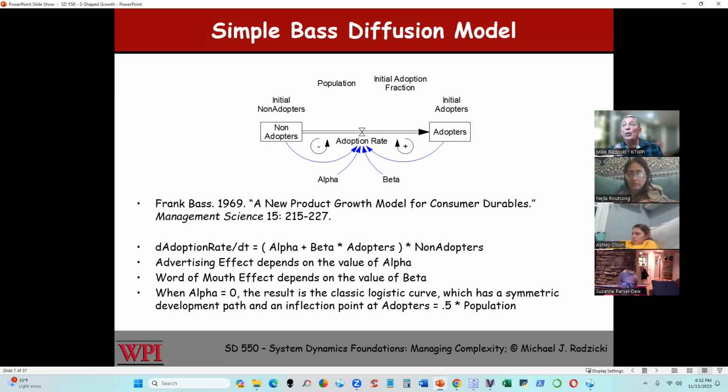So the negative loop and the alpha parameter is the advertising dynamics, and the word of mouth is the positive loop. The more adopters there are, the more there are to tell and convince a non-adopter, hey, you should have one of these too.